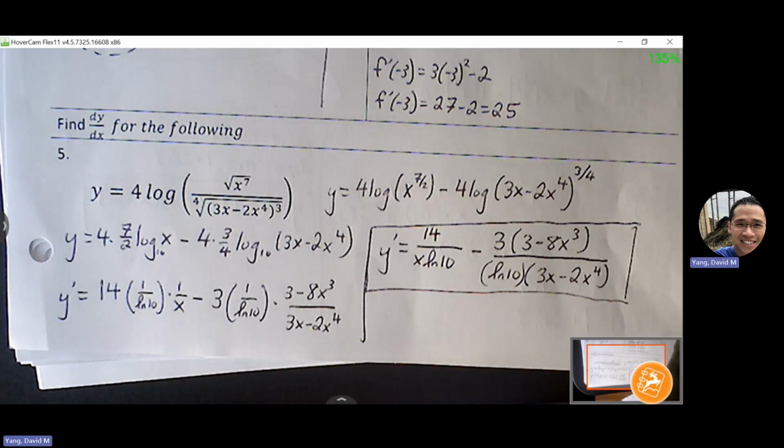Within each part of the product, you have to touch each thing. Otherwise, it's right. Yeah.